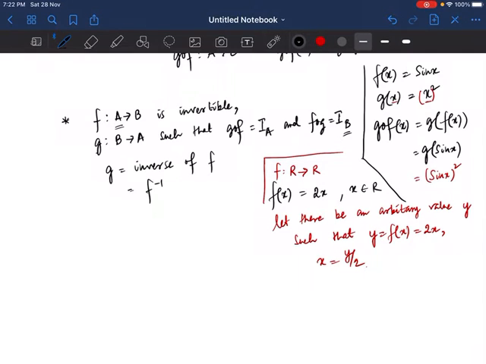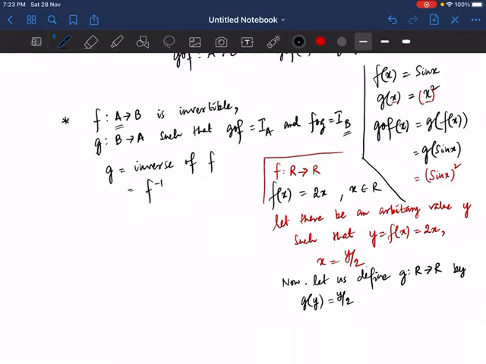So now let us define a new function g: R to R. What is the g function? The g function will be g(y) = y/2. This is my new function.